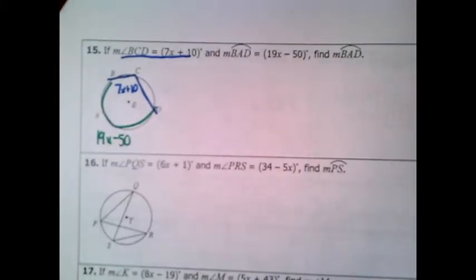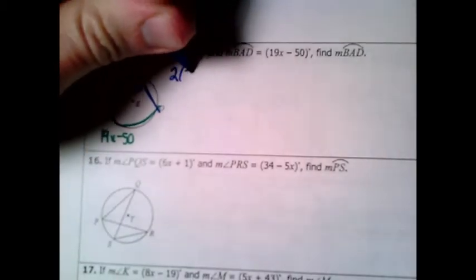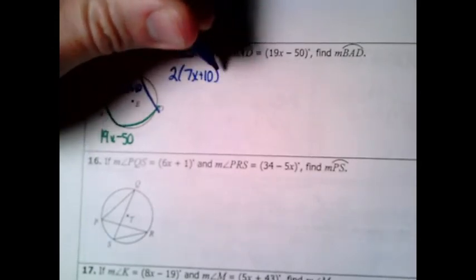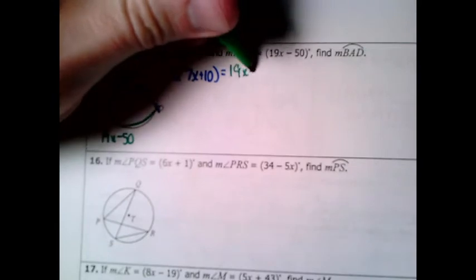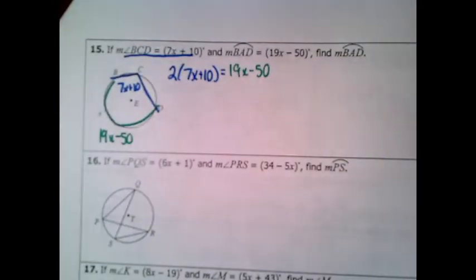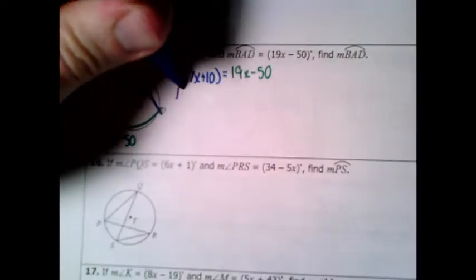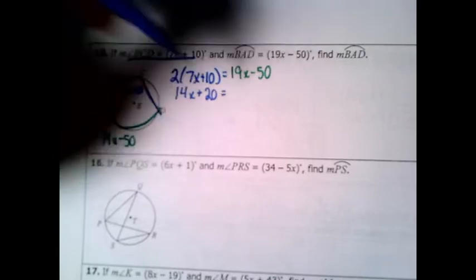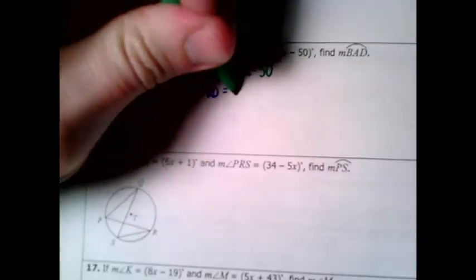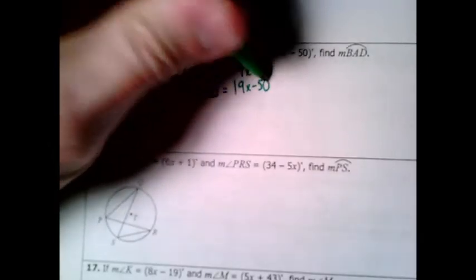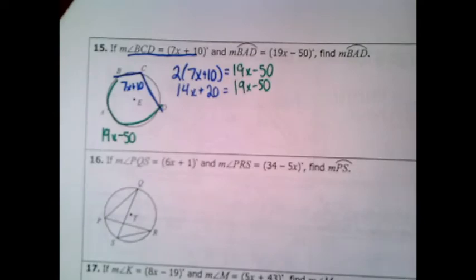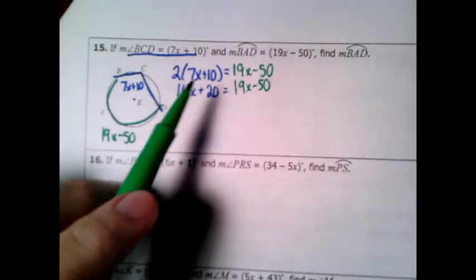So in this one, I'm going to do 2 times 7x plus 10 and set that equal to 19x minus 50. Okay, so now we just need to distribute our 2 times by 2. That equals 19x minus 50. Remember, we've done this forever, but we're just going to move our smaller x to the other side.